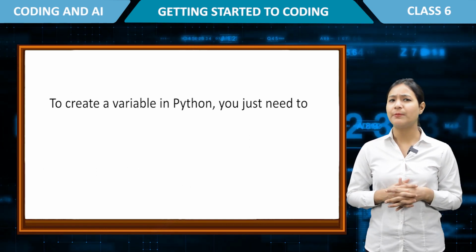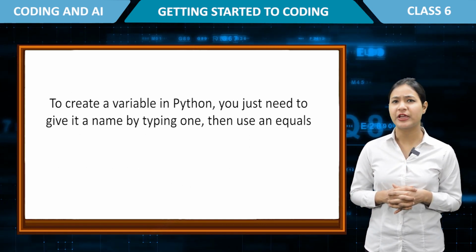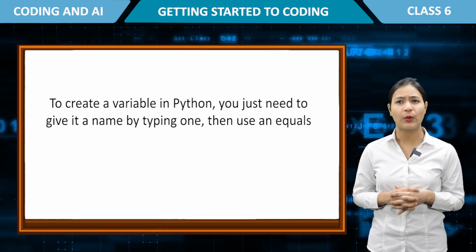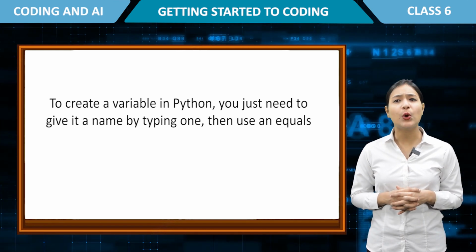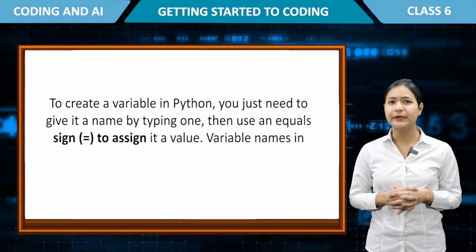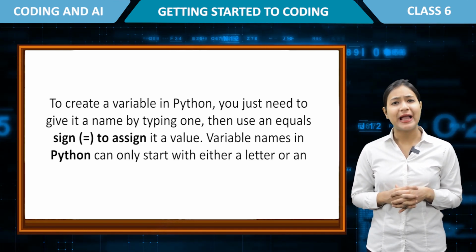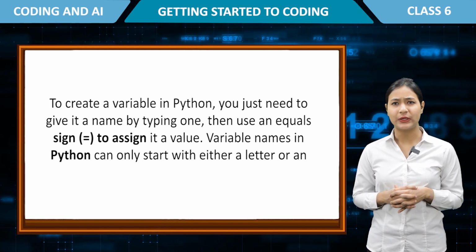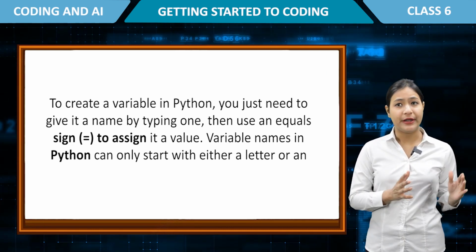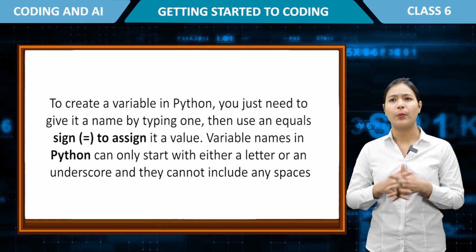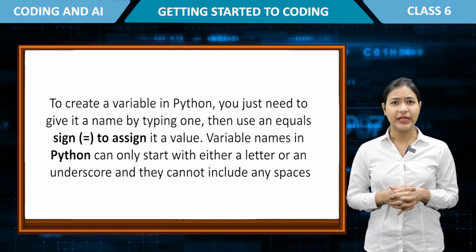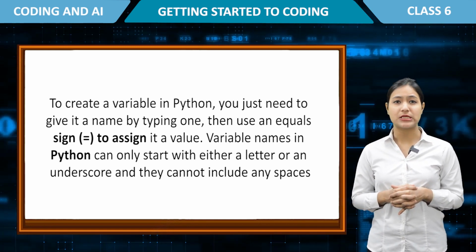To create a variable in Python, you just need to give it a name by typing one, then use an equal sign to assign it a value. Variable names in Python can only start with either a letter or an underscore, and they cannot include any spaces.